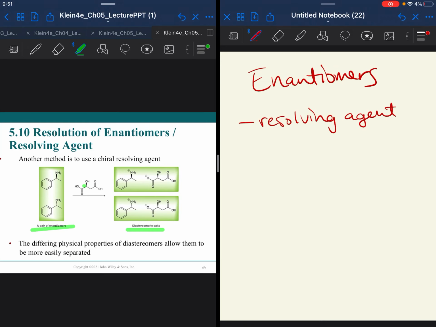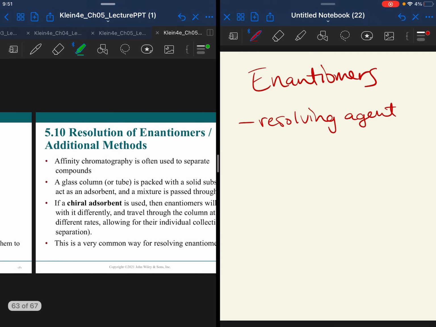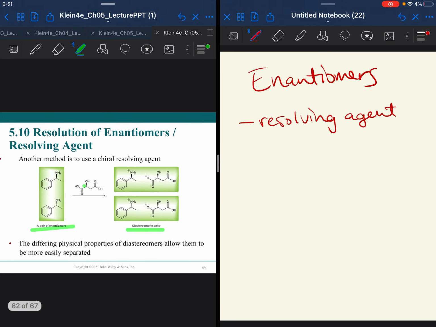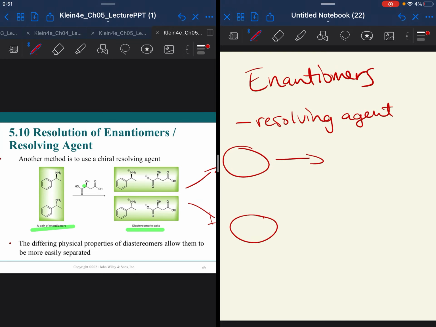Now, diastereomers have different properties and can be separated. So once you make them into diastereomers, now what you can do is separate them, right? And then, so you have one diastereomer and another diastereomer, and then you can reverse the reaction, right?